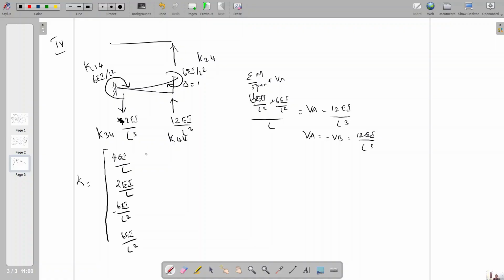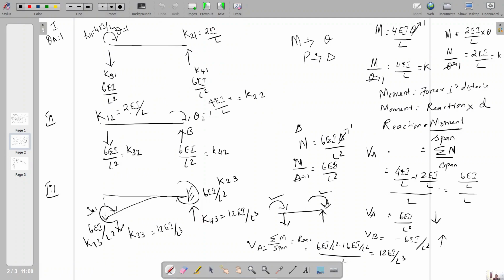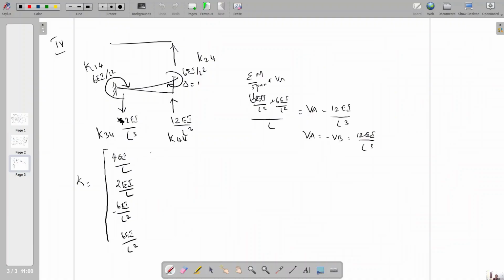Okay. For the next one, you are applying a unit rotation at B, so that you will get this value. I'm going to assemble, that is here you will get 2EI by L, that is K12, K22 is 4EI by L, and it is also downward, so minus 6EI by L square and plus 6EI by L square. I'm considering downward direction as negative, upward direction as positive.